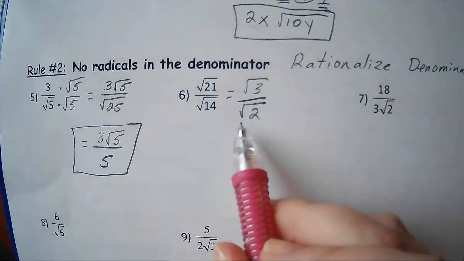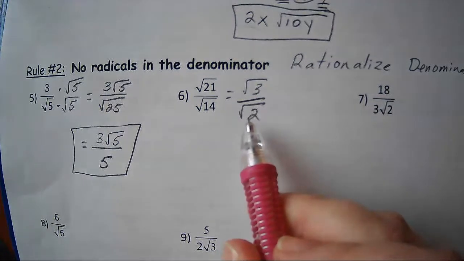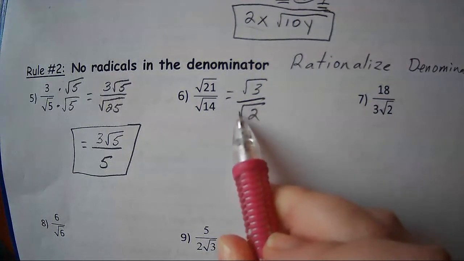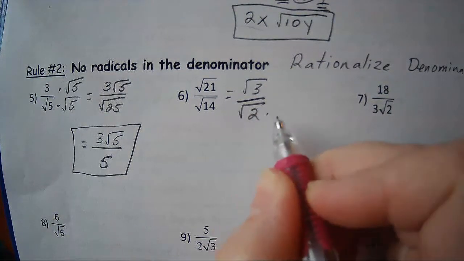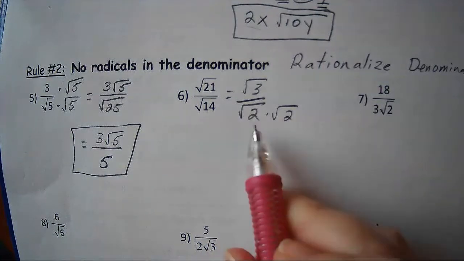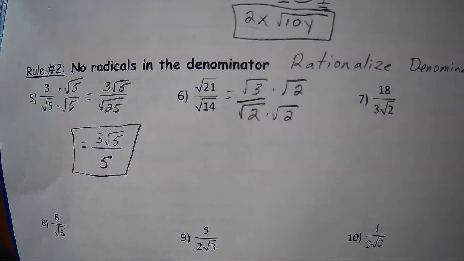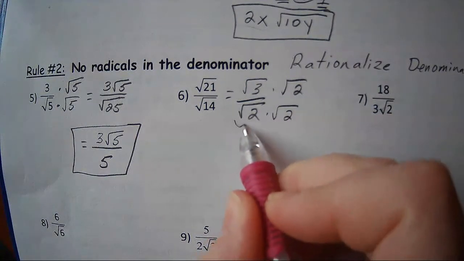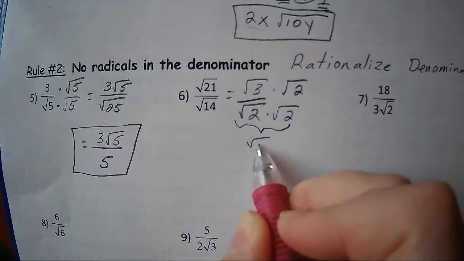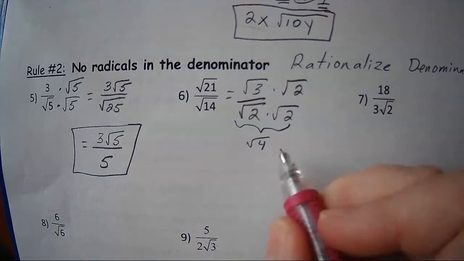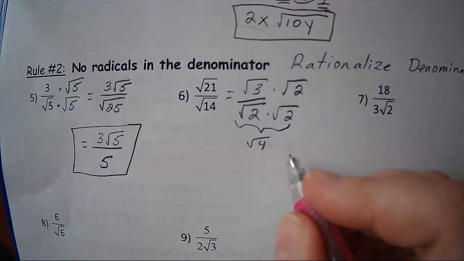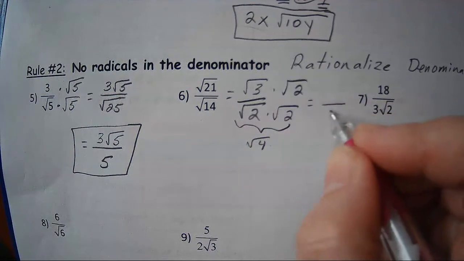Now that I have reduced or simplified, I'm going to get rid of the square root. I'm going to rationalize the denominator by multiplying both the numerator and the denominator by the square root of 2. Now, the square root of 2 times the square root of 2, isn't that the square root of 4, right? Well, then the square root of 4 equals 2.